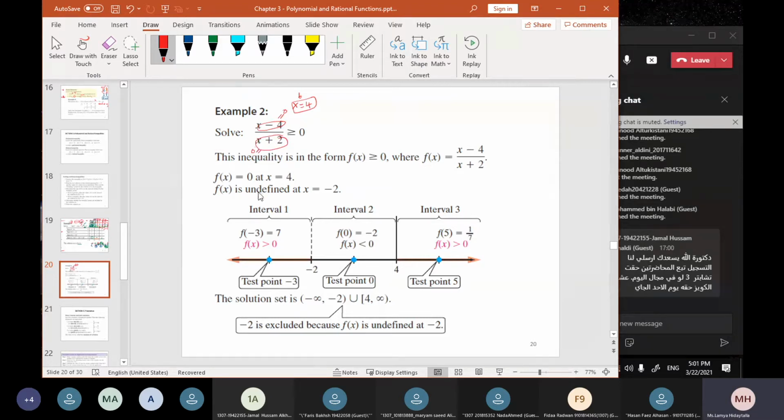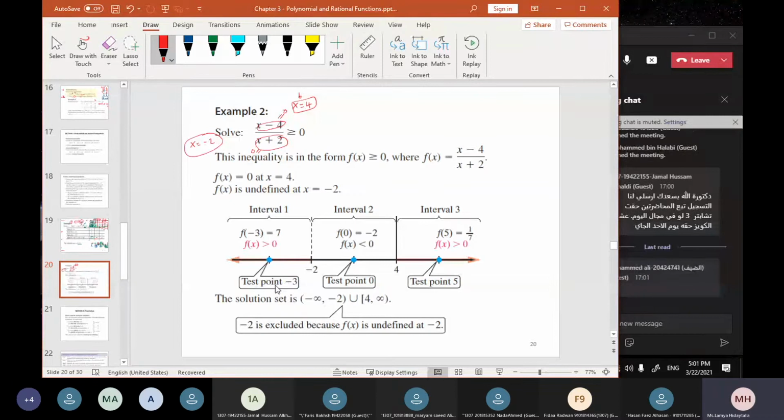The function here will be undefined because we can't divide by zero. So the function will be undefined when x is equal to -2. So always, if you want to solve the polynomial, what do you do? You check the zeros and also where the function is not defined.